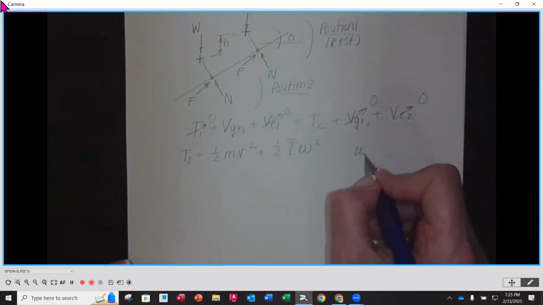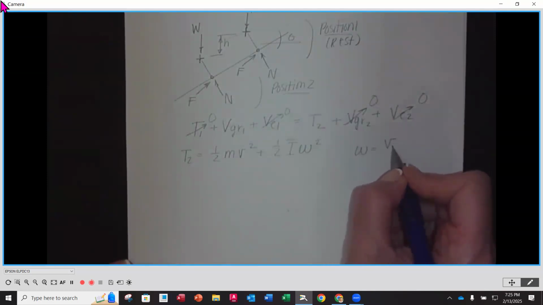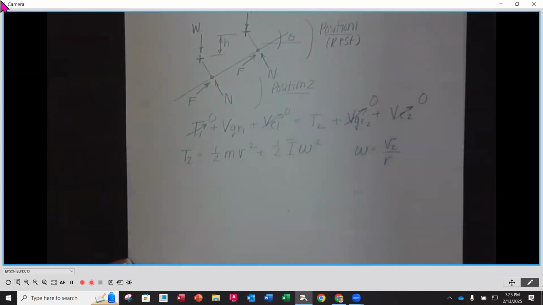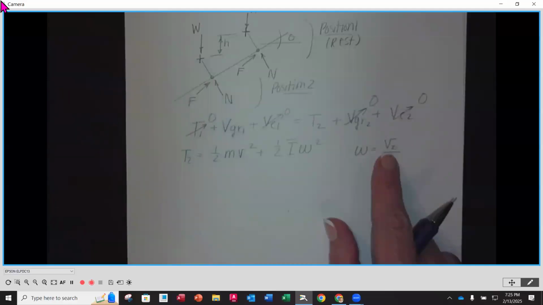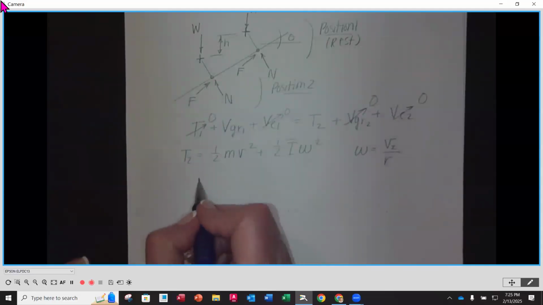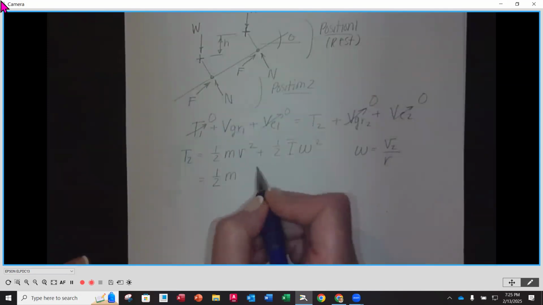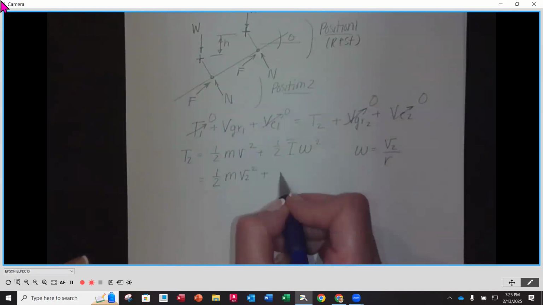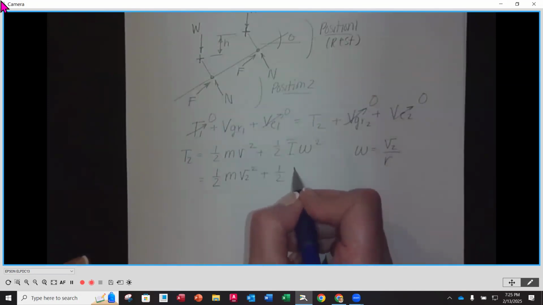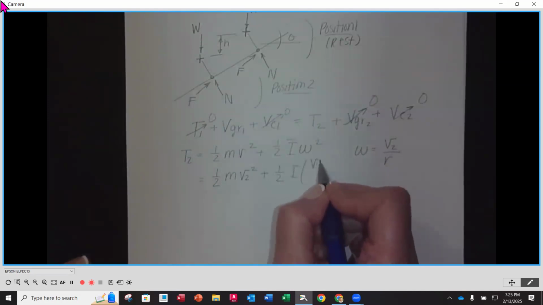Now, in this case, our W, we know, is equal to V2 over R, because that's going to be the final velocity when we're down here. So we're going to take 1/2 times mass times velocity 2 squared plus 1/2 times I, but now we're going to expand this out to be V2 squared over R squared by multiplying that out.